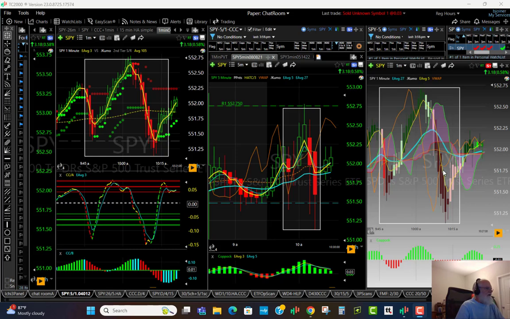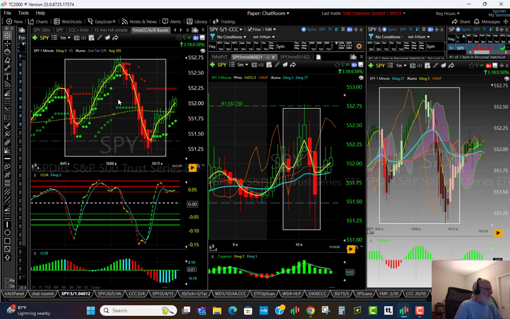And so periods of extreme stretch, I guess we could say, would be dark red, as you can see here in these periods in this box, and then extreme long would be dark green up here at the top of the box. So one of the first things you look at when you're looking at these charts, this is the 1-minute again on the far right using conditional colored candles, the 5-minute chart here in the middle panel using Heiken-Ashi candles, and then this is the 1-minute over here on the far left using Heiken-Ashi candles.